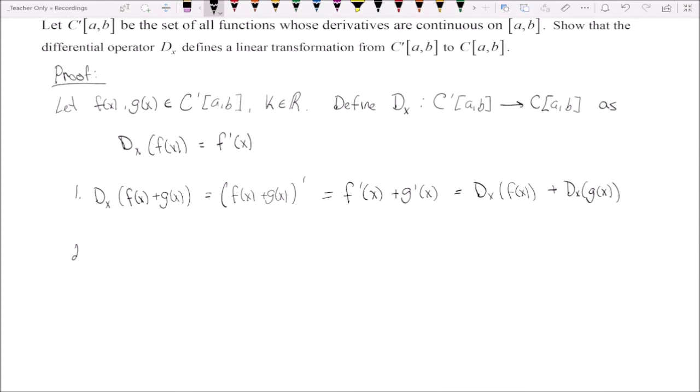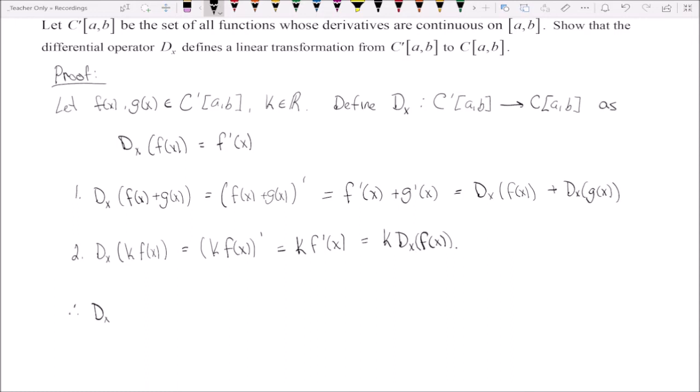Second property, we take a look at dx of kf. So this is k f of x prime. And again, from calculus, we get this is k times f prime of x. This is the constant multiple rule of derivatives. And this is just k times dx of f.